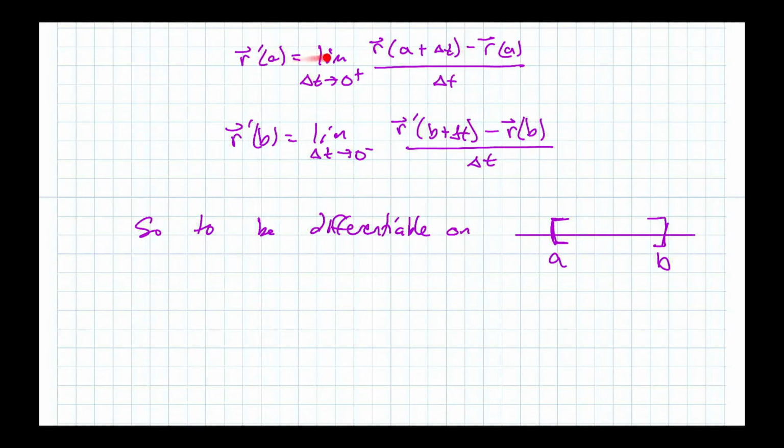So this is not the real derivative, right? This is only taking a limit from the right hand side. So they're saying that for a you're looking for the limit from the right, and for b you're looking for the limit as delta t approaches 0 from the left.